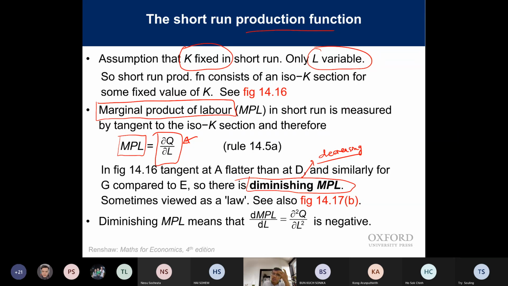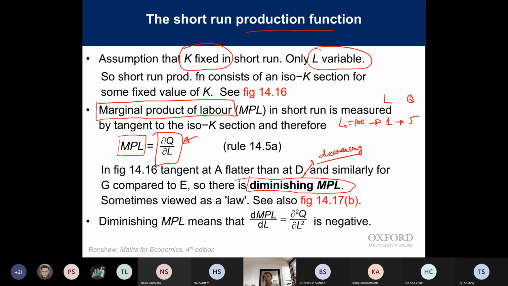So let's say at a certain level, the current level L0 is 100, and you wish to increase by one more labor. Let's say you recruit one more person, and it will increase the output Q by 5. I don't know, but let's assume that.